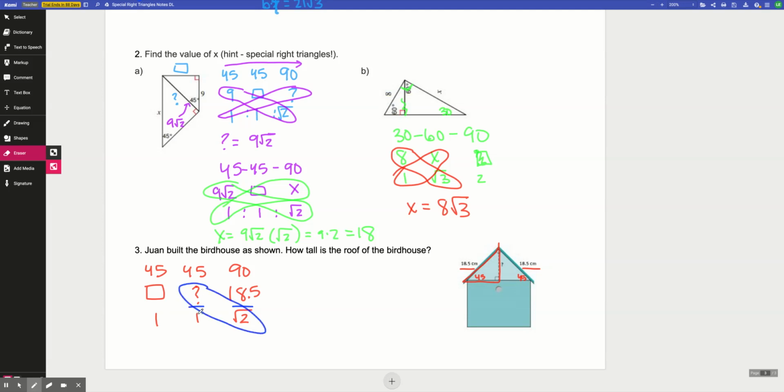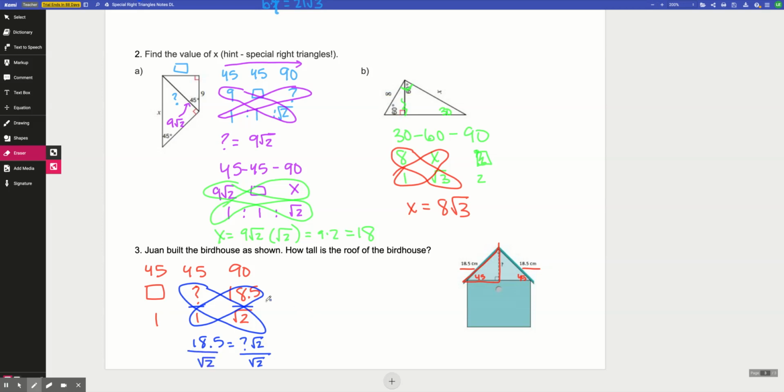So if I go through and look at my fractions and my multiplying, there's two ways you can do this. You can do the cross multiply thing, so you end up with 18.5 equals question mark root 2, so you have to divide by root 2 on both sides.